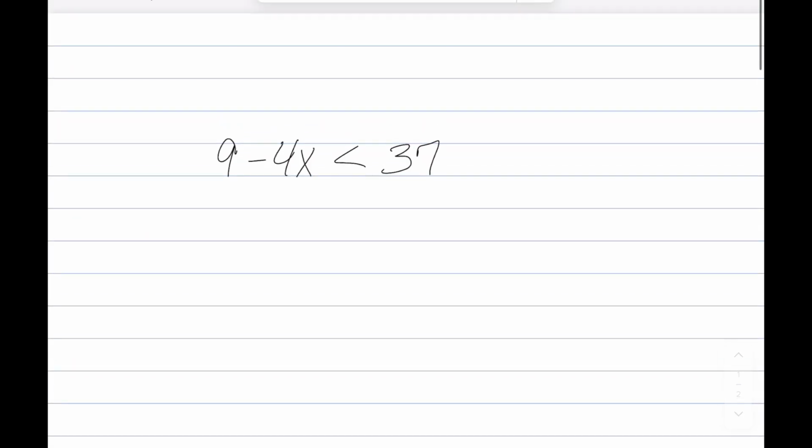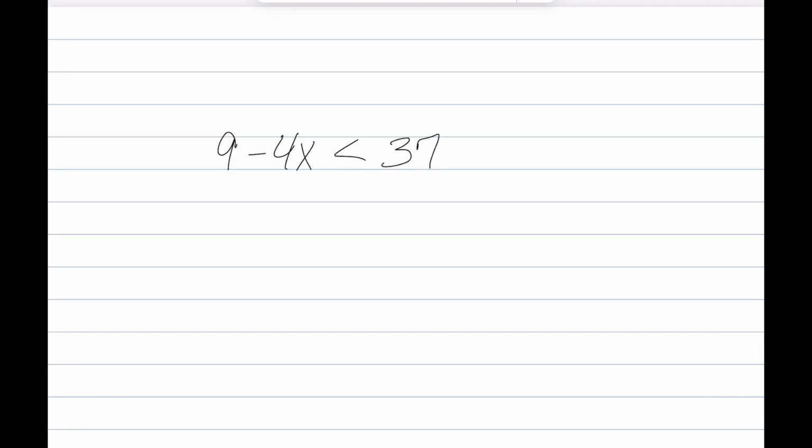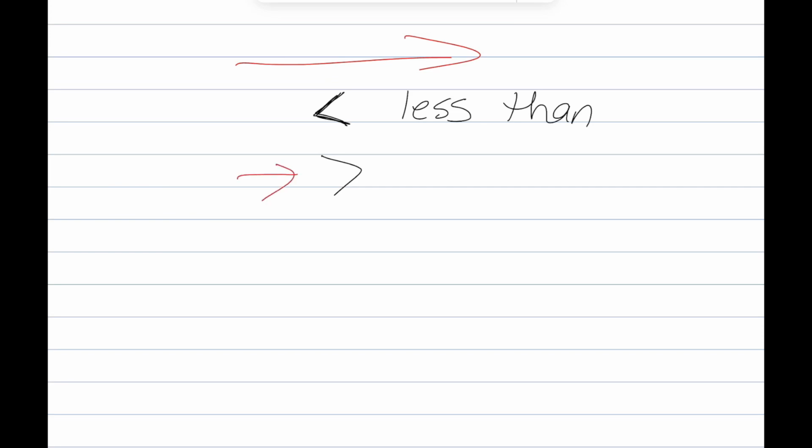First, let's make sure that you are using the right language. So when we have an inequality, we have less than, because we read from left to right, and the smaller side of the opening here is on the left, so this is less than. If we open up with the larger side here, then this is greater than, because we read it left to right.